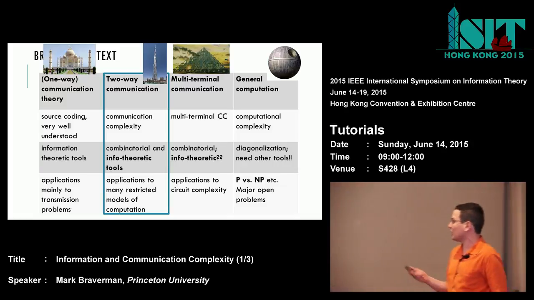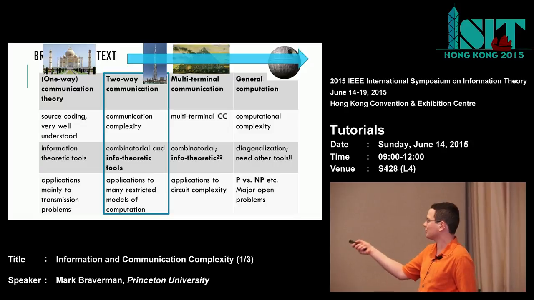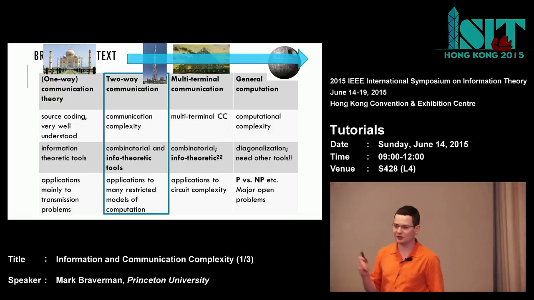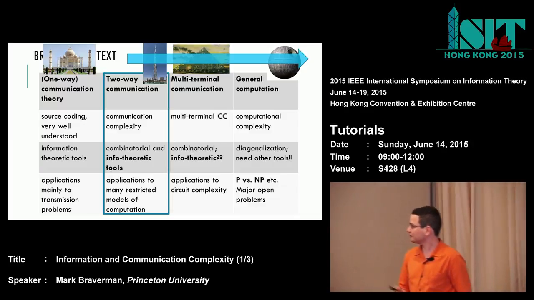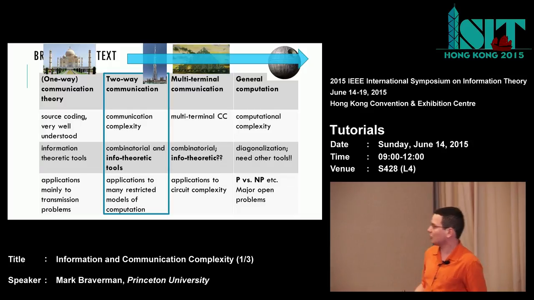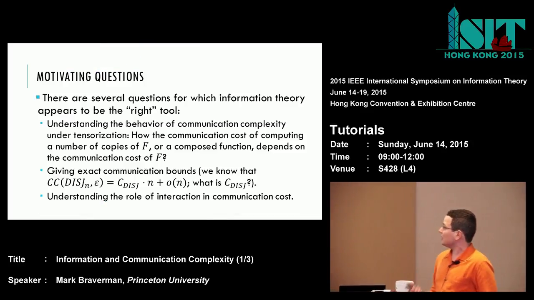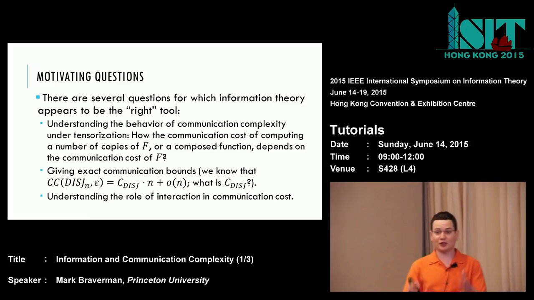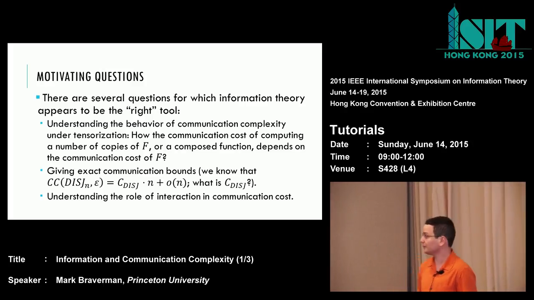So one of the major questions is whether we can keep pushing along this direction and import some of the information theoretic tools into the theory of computation. But today, most of the focus will be on two-terminal communication. And the focus more specifically will be on where information theoretic tools fit into this story.